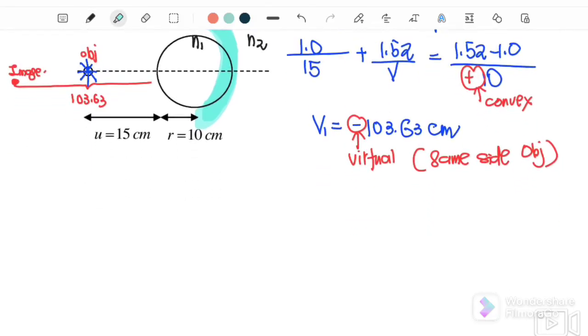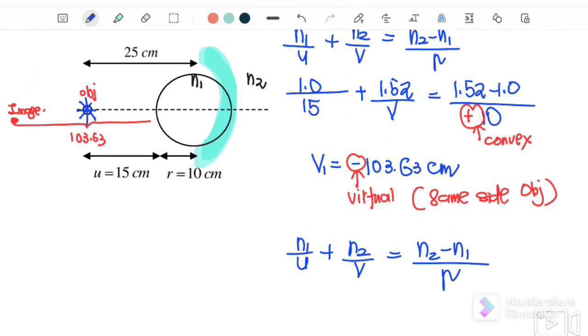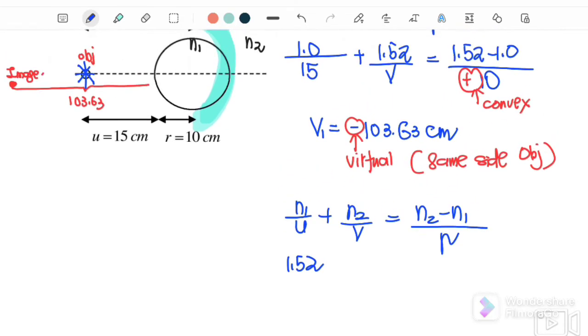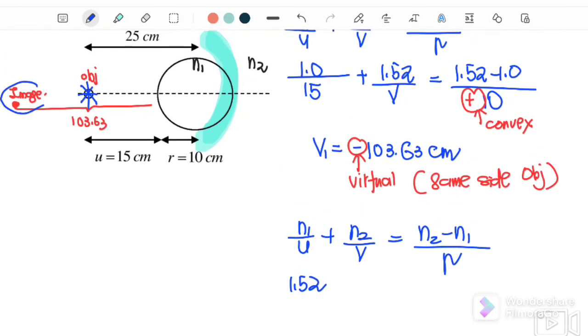We can use the equation N1 over U plus N2 over V equals N2 minus N1 over R, where N1 on our left hand side is the spherical glass, so it's 1.52. This image will later become the object for the second refractive surface.